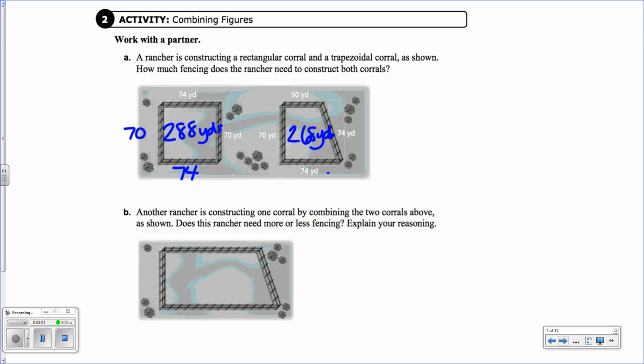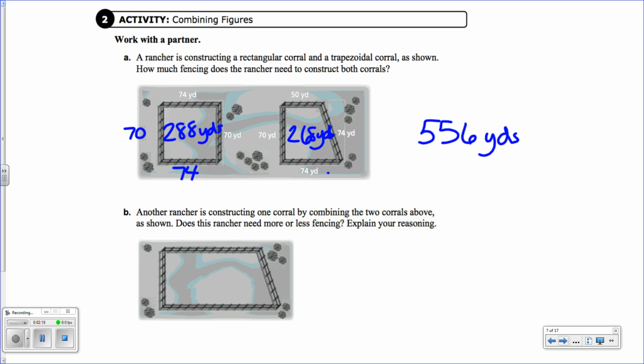So now, if he wants to build both of those, he's going to need to add the 268 plus the 288 to find a grand total of 556 yards of fencing. So to go all the way around both of those, that's a lot of fencing yards.